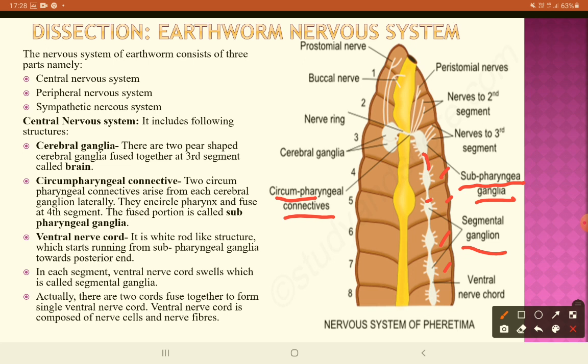They are all tubular and filled with homogeneous plasma-like matter. These are responsible for rapid conduction of impulses throughout the nerve cord. However, in the region of the segmental ganglion, the partition between the two nerve cords is absent. This describes the structure of a ventral nerve cord.